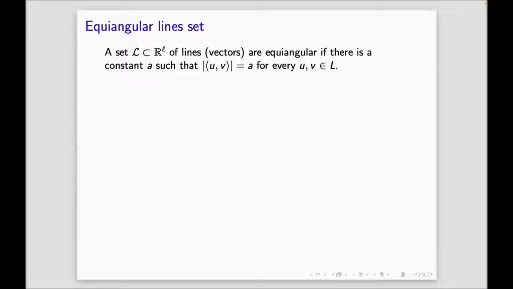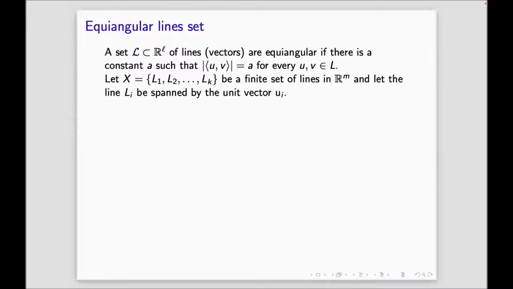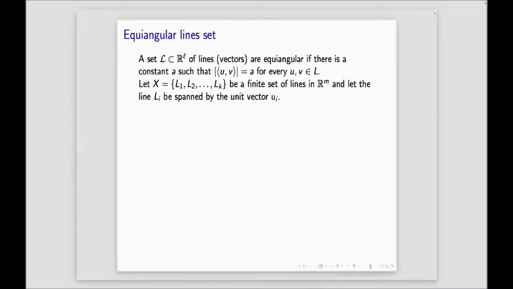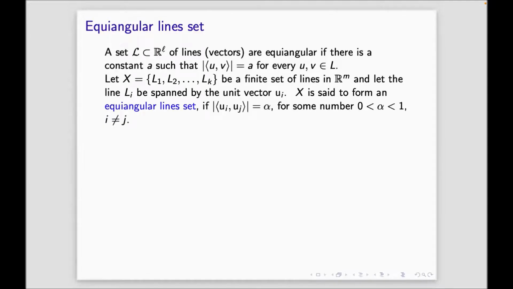We call them equiangular if the absolute value of the inner product of these vectors stays constant, A, for every pair. We take a finite set of lines in R^n and let the line Li be spanned by the unit vectors Ui. Then we say that this set of lines forms an equiangular line set.